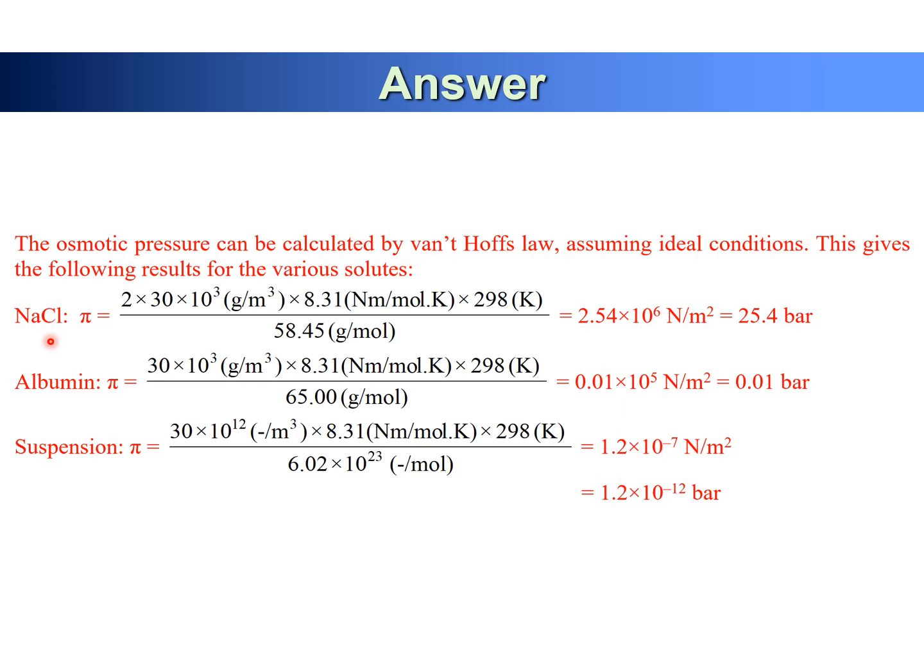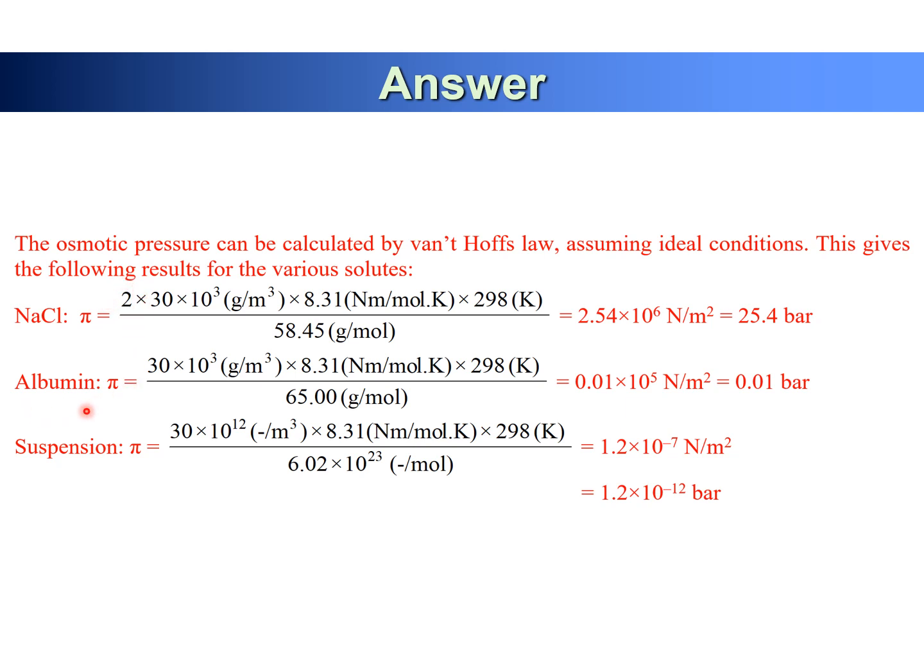So let's say it's magnesium chloride, MgCl2. The Mg cation has 1 ion, and Cl2 has 2 ions, so we have 3 dissociated ions. So this dissociated solute number has to be changed to 3. Depending on your solute's ionized form, we can consider what the osmotic pressure is.